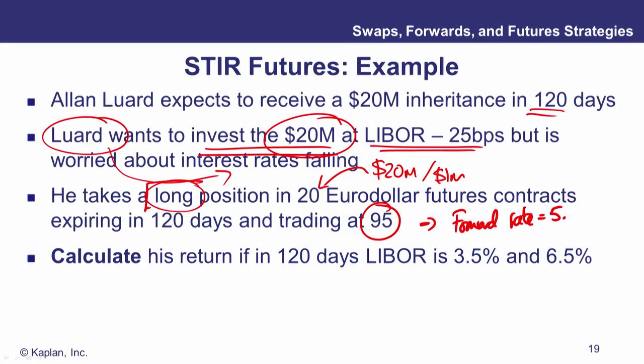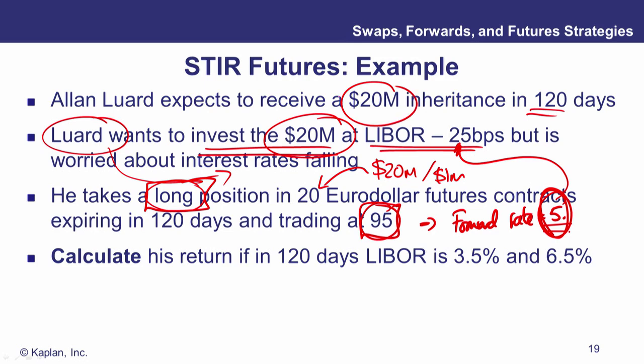The big picture here is that by buying this FRA at 95, we're really locking in a deposit rate of 5%, minus the spread. So we are actually locking in an interest income of 4.75% on our 20 million.